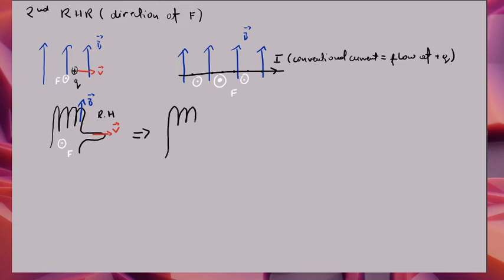First, second, third, fourth. Here's the thumb, and now what we have is the magnetic field points here, just like before. This is the right hand, and now the thumb points in the direction of the flow of the charges, conventional current I, and then we have the force that points out of the page, force F.